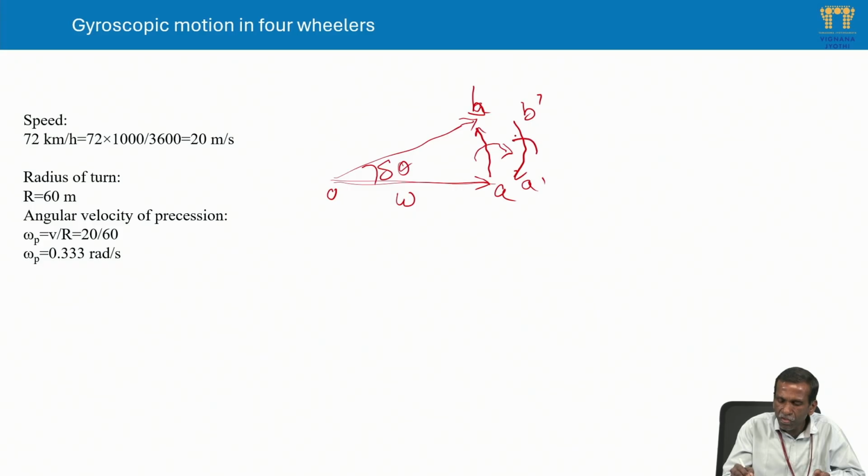Because of the reaction, the vehicle is going to try to move in the opposite direction, tilting about the y axis, so that the stability of the vehicle will be maintained. If the vehicle is able to tilt itself, then it offers resistance, that is the reaction couple, which means resistance. If it is unable to offer resistance, what happens? The vehicle is going to skid and fall down. Are you able to understand? This is the consequence of the gyroscopic effect.